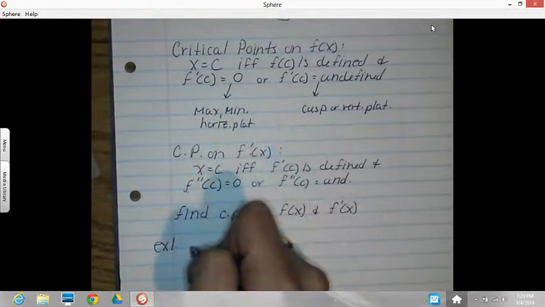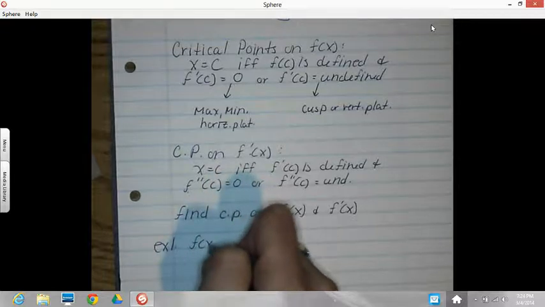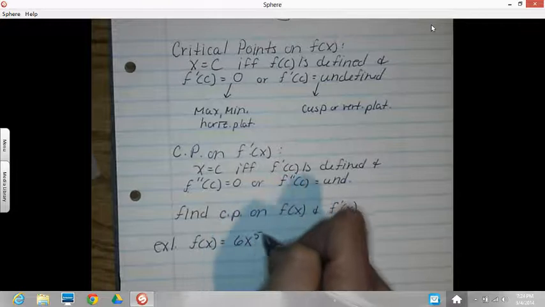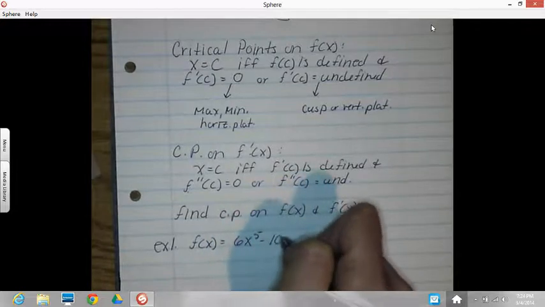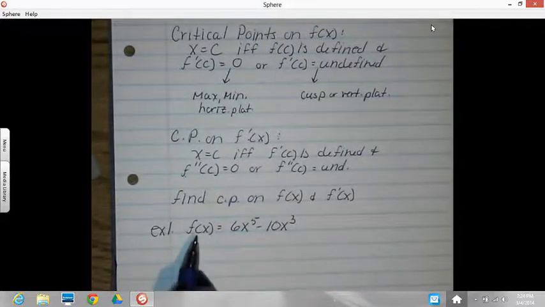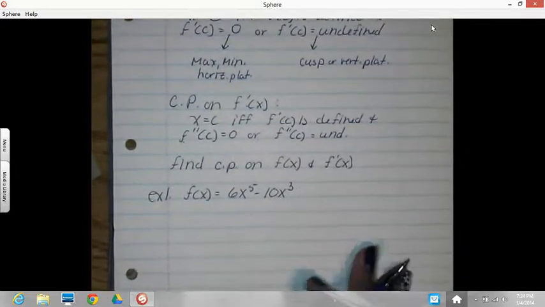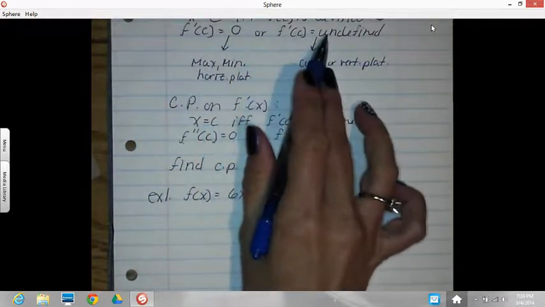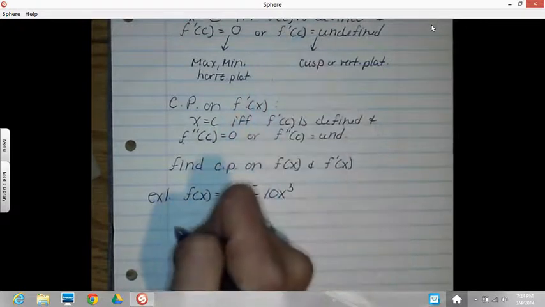Start with f of x equals 6x to the 5th minus 10x cubed. Okay, so I'll start by finding critical points on f of x. And we do that by setting the derivative equal to 0, and we're going to check to see if it's undefined anywhere. So let's find the first derivative.